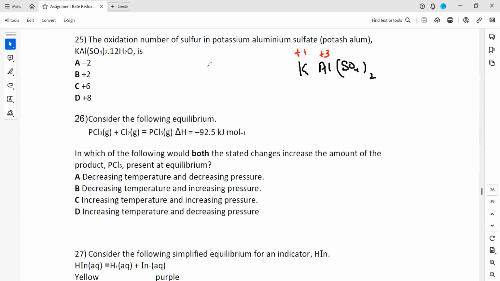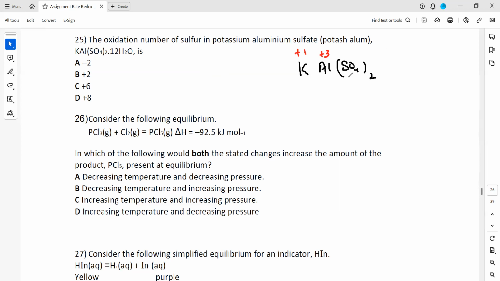And for sulfur, we have SO4. Now, the net charge on this compound should be 0.